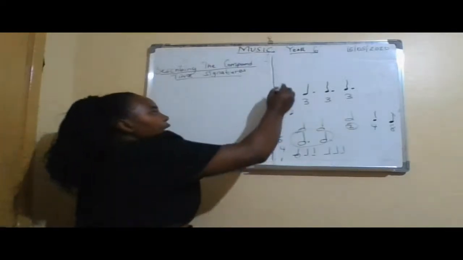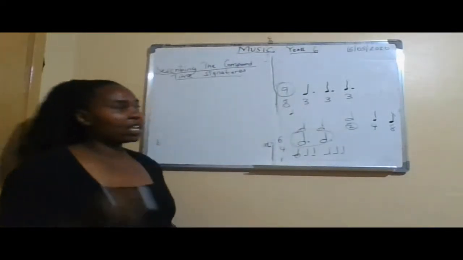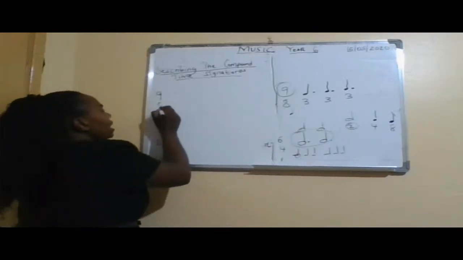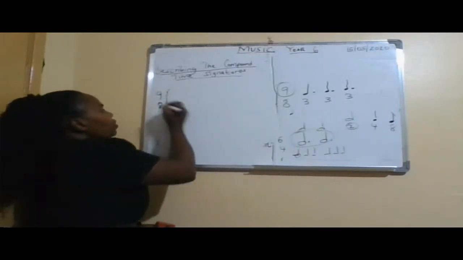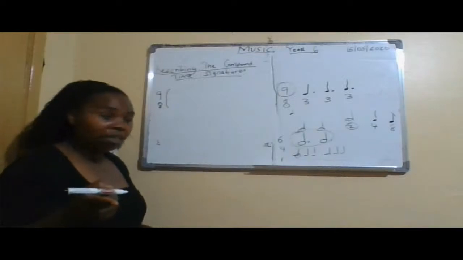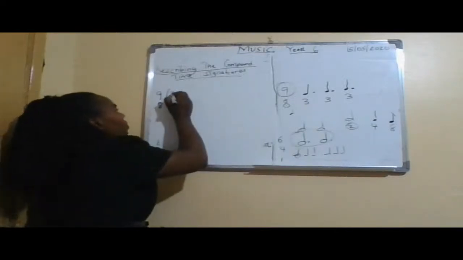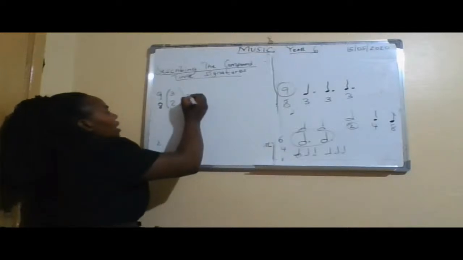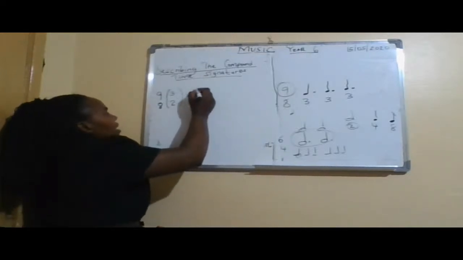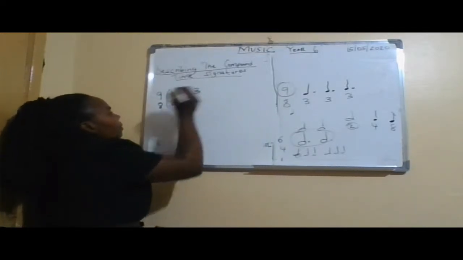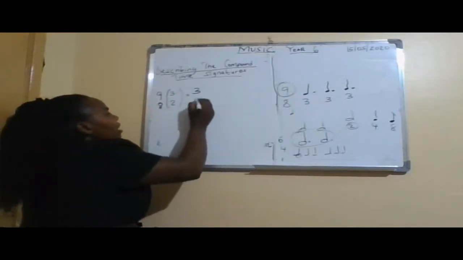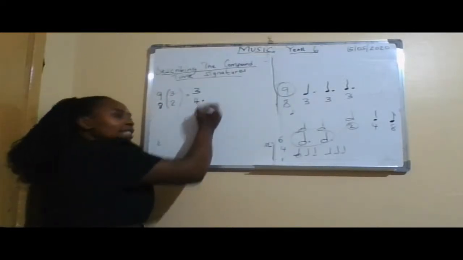So at the top, 9 represents triple. So if you have 9, 8, class, what you are going to do, you remember our formulas, boys and girls? We were supposed to write 3 and 2. You divide, and then here you are going to get 3, meaning it is triple, and here down it is 4, and don't forget the dot.